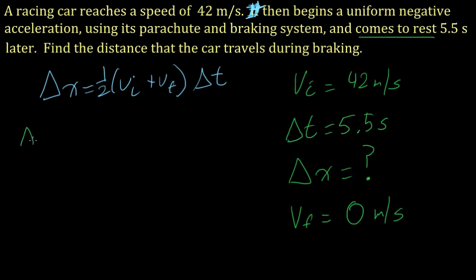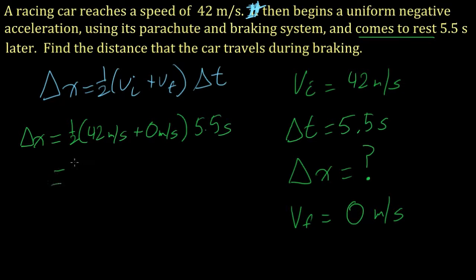Great. So delta x, which is what we're looking for, equals 1/2 times vi, which is 42 meters per second, plus vf, which is 0 meters per second, times the change in time, which is 5.5 seconds.